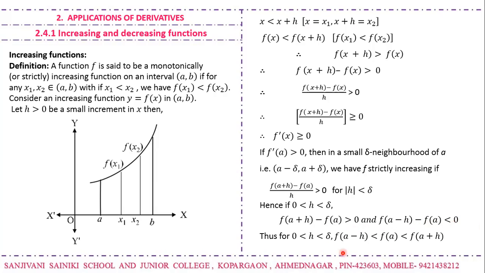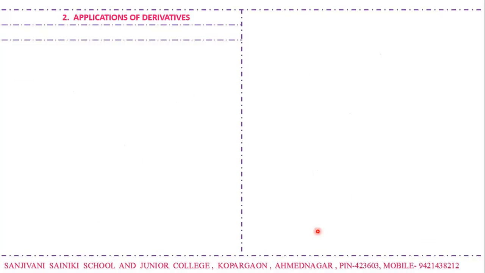So for 0 less than h less than delta, f of a minus h is less than f of a is less than f of a plus h. It means we are finding a point closer to a such that to the left of a the function has a smaller value and to the right of a the function has a bigger value. So we conclude that the function is increasing.